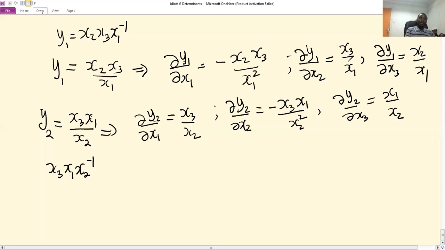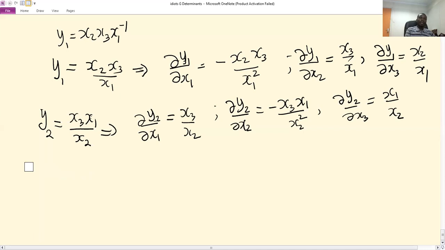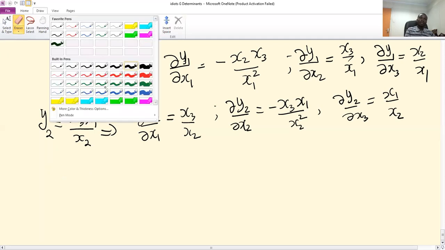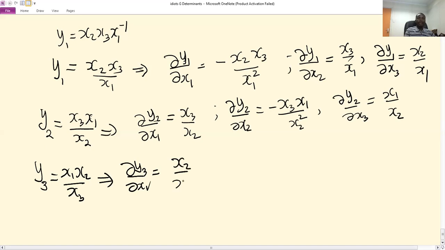And then next one, we are given that y3 is x1 x2 over x3. So that means partial y3 partial x1 will give you x2 over x3.